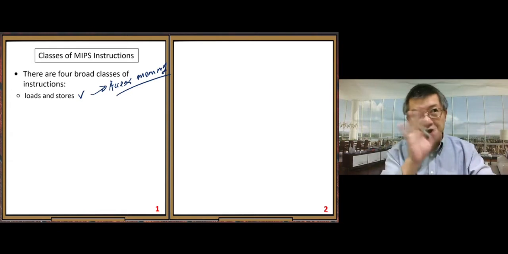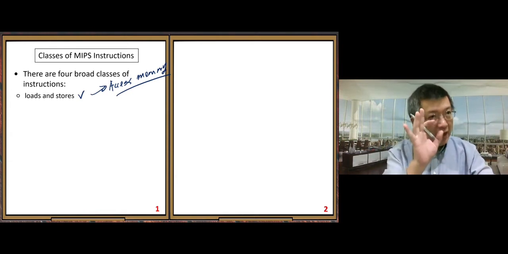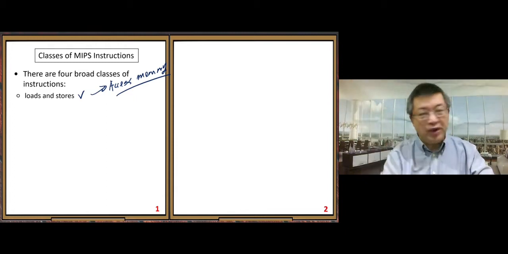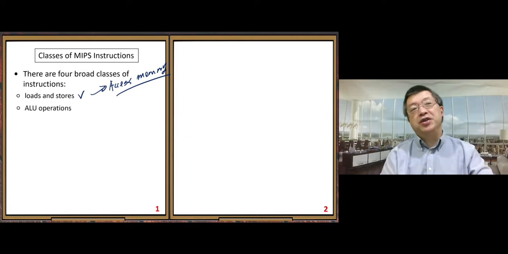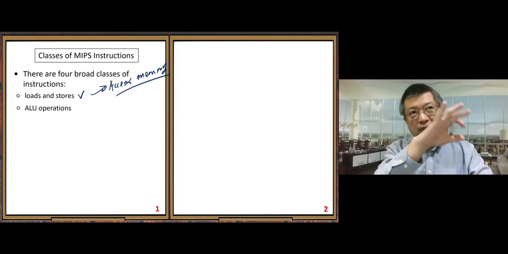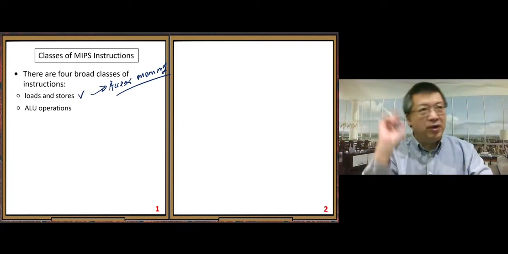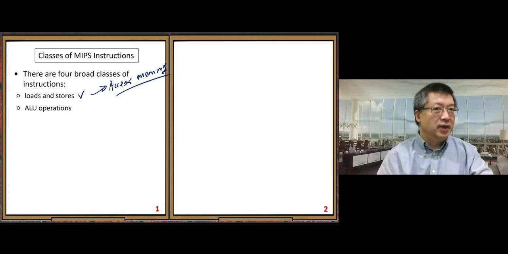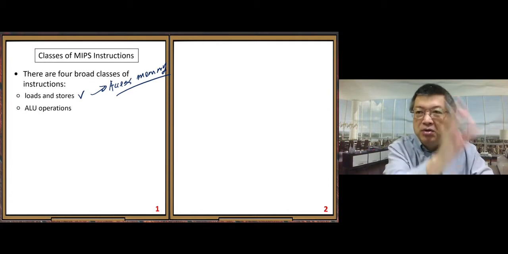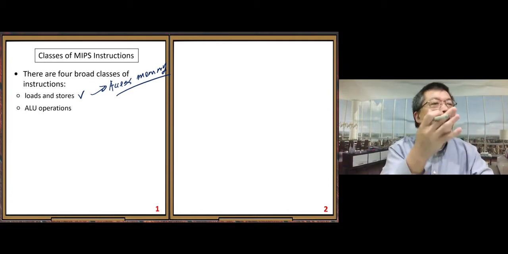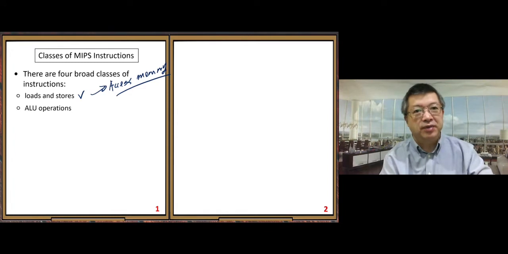For other instructions, we do not access data through memory locations. ALU operations are the second type. In order to do specific computation work, we need ALU operations.